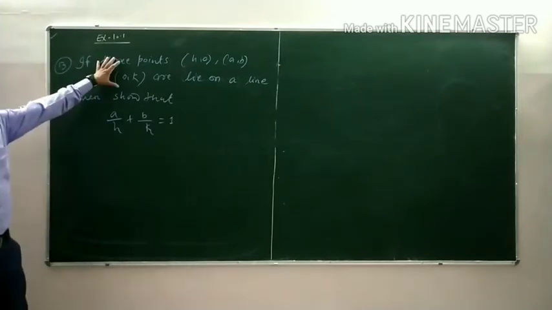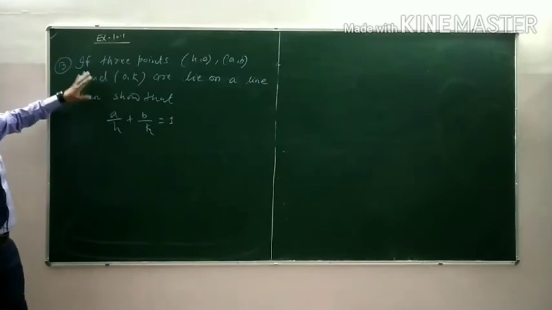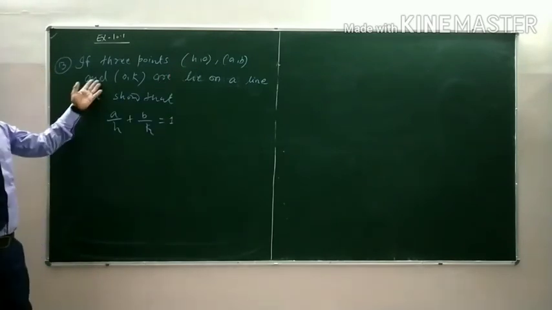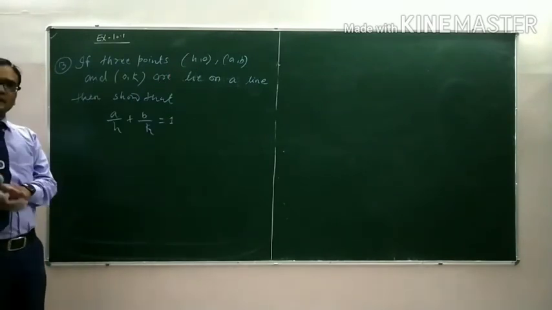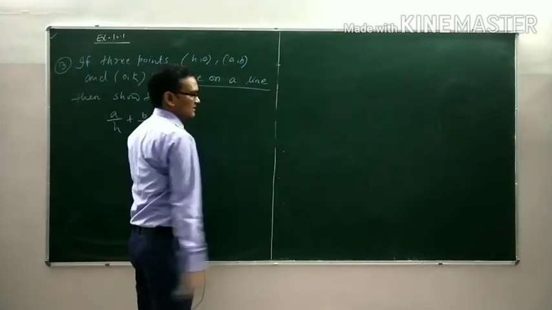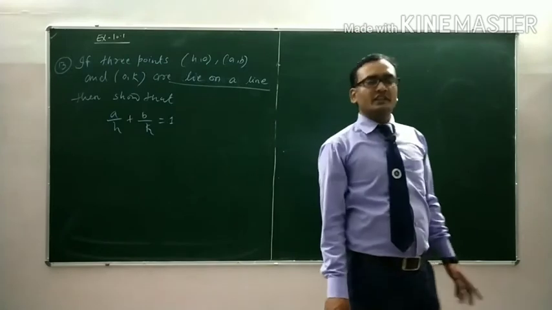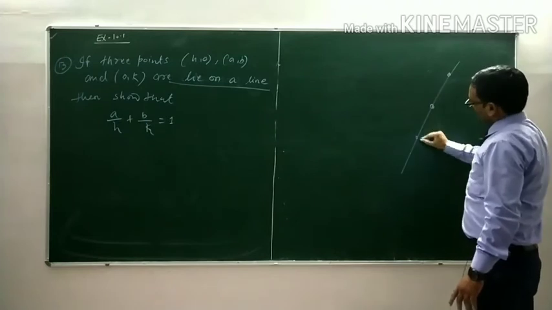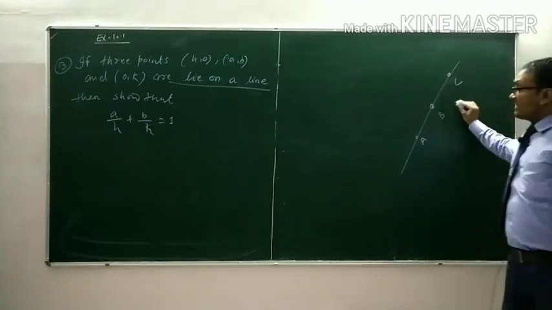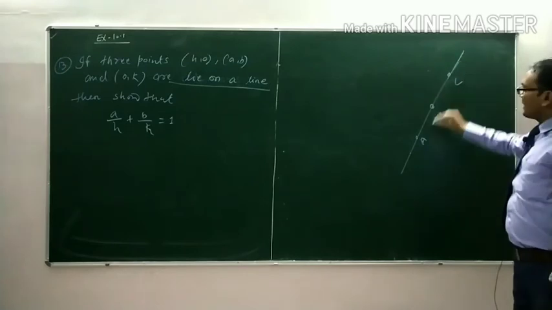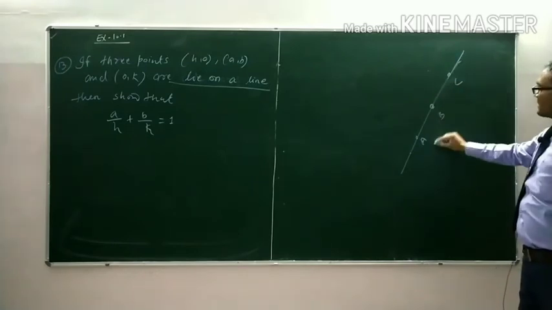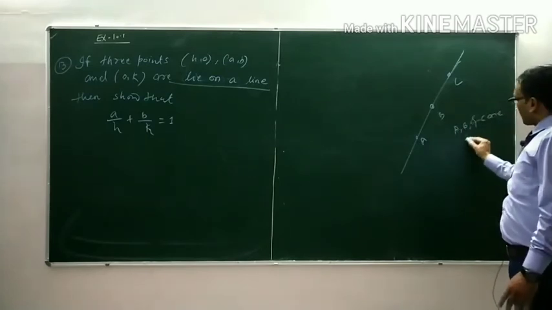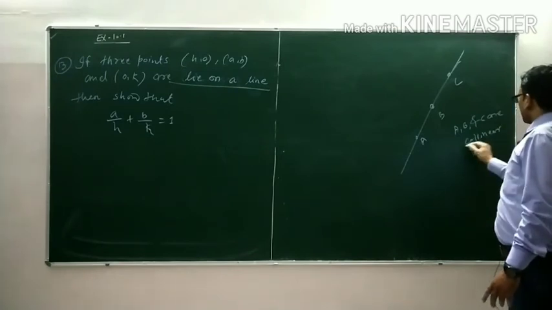This question is also given in another form: if 3 points h comma 0, a comma b and 0 comma k are collinear. If 3 points lie on a line, then the points are called collinear points. If 3 points A, B, C lie on the same line, then A, B and C are collinear points.